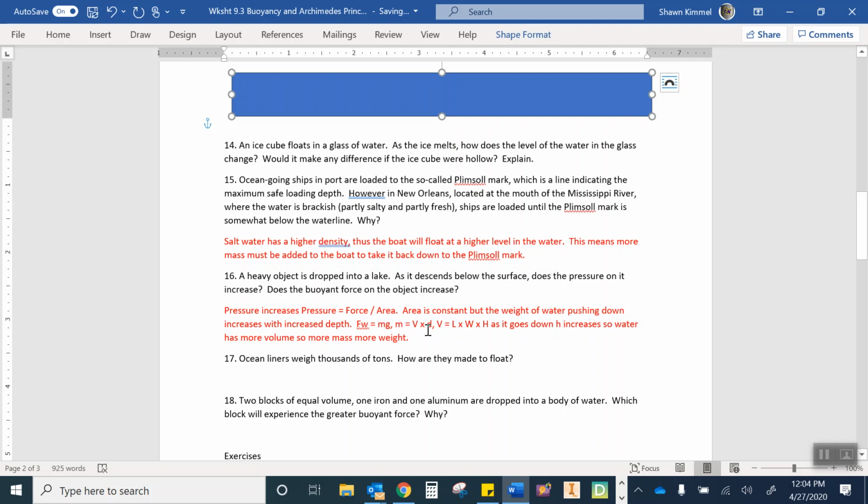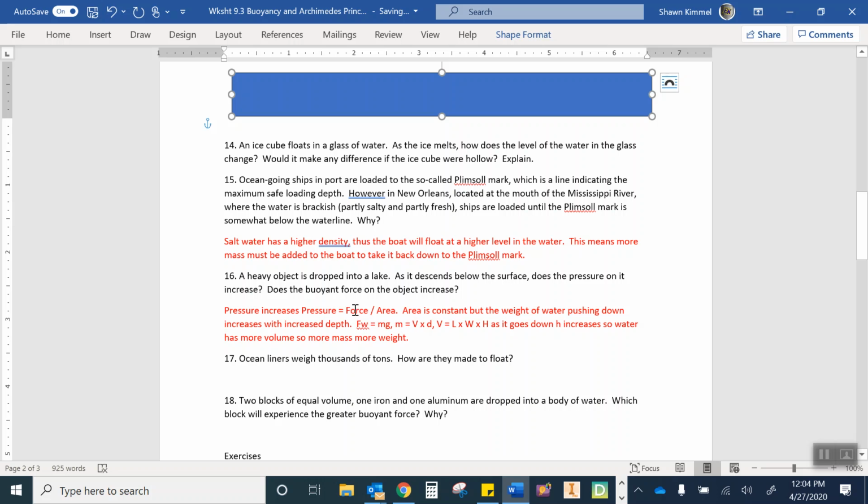Mass is density times volume, and volume can be broken down into length times width times height. It's this height that matters here. As the object goes down, the height of the water above it increases. So the water above it has more volume, and as V gets bigger, it has more mass. As mass gets bigger, there's more weight pushing down on it, or more force.